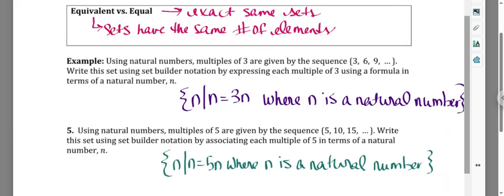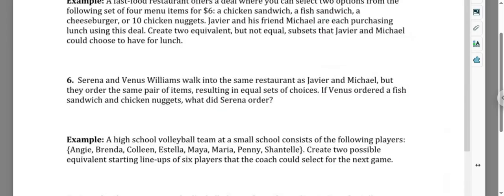All right, so last part, these last 4. So we have a restaurant that offers a deal. You can select 2 of the options for $6. You can do a combination. You've got chicken sandwich, fish sandwich, cheeseburger, or 10 chicken nuggets.